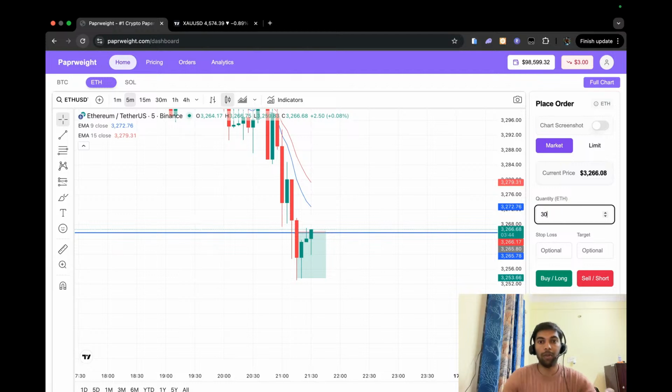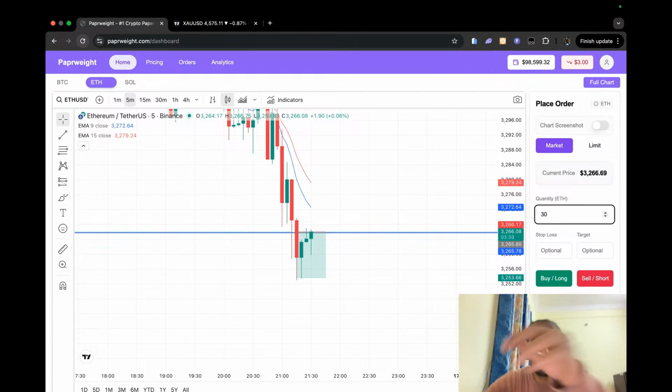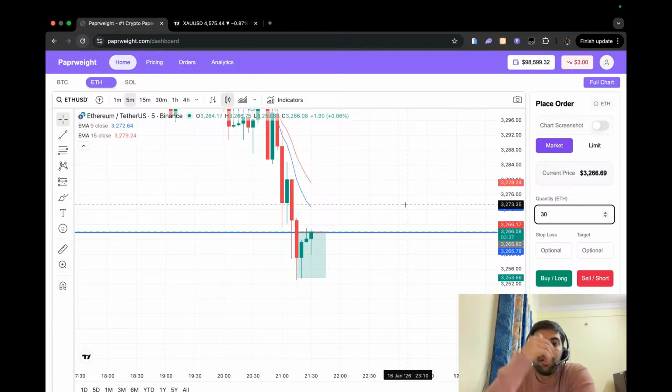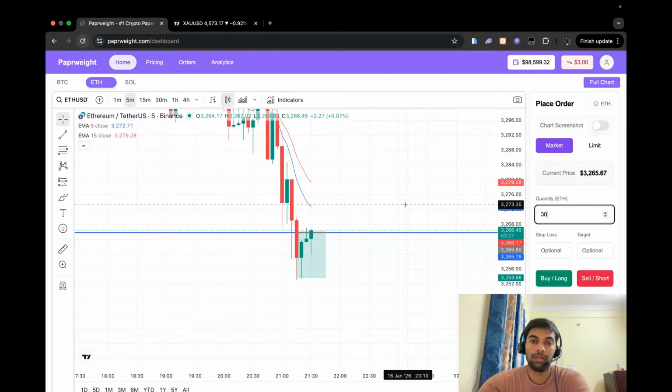So we will wait for the opportunity again. It's better to jump in again rather than taking big stop losses, because a big stop loss is very hard to recover.